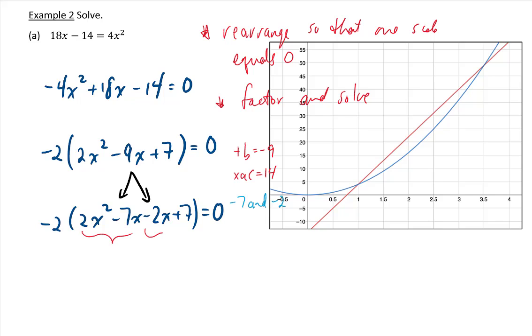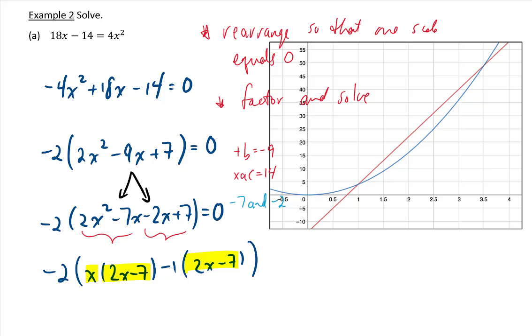Next, we are going to factor by grouping. So if we take out a common factor of x, we get 2x minus 7, and since the leading coefficient is negative, I'm going to take out a negative 1, and that leaves me with 2x minus 7.